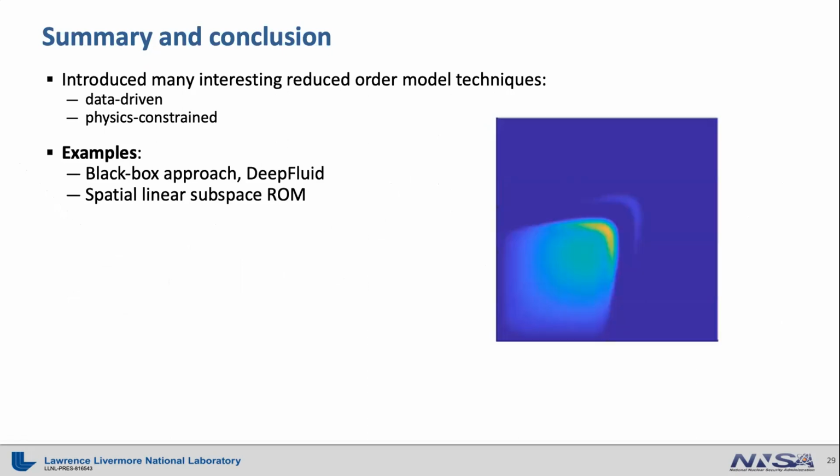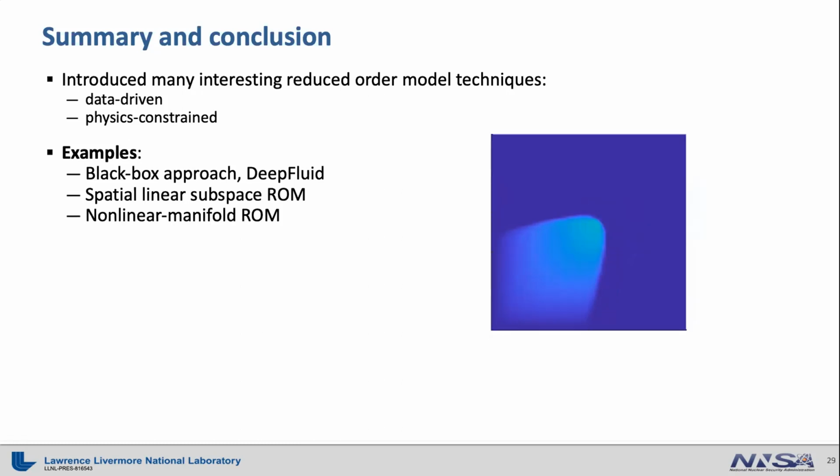However, the linear subspace reduced order model was not able to achieve good accuracy for long-time advection dominated simulations with small reduced space dimension without special treatment such as the time windowing approach. Therefore, we introduced the nonlinear manifold reduced order model that finally achieves a speed up with great accuracy with a small latent space dimension.